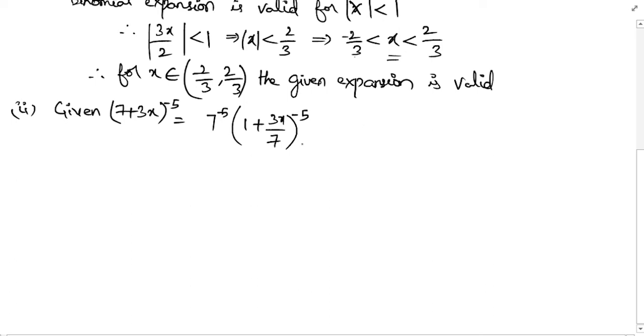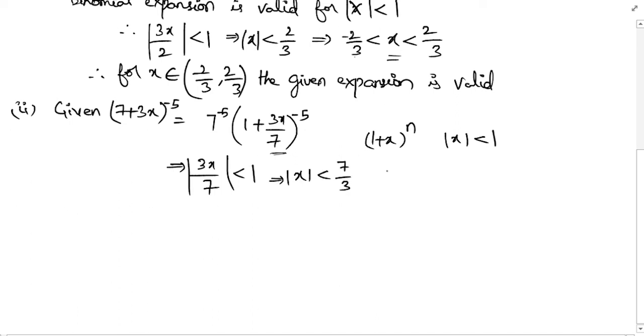So mod of x should be less than 1. Here we'll assume X is 3x by 7. I've written 1 + X in this form, and here mod of X should be less than 1. So mod of 3x by 7 is less than 1. That implies mod of x is less than 7 by 3.